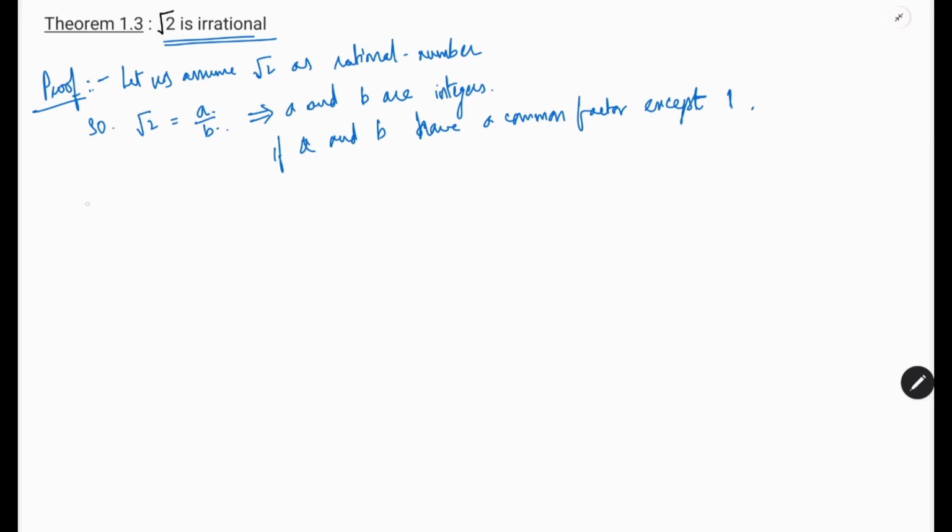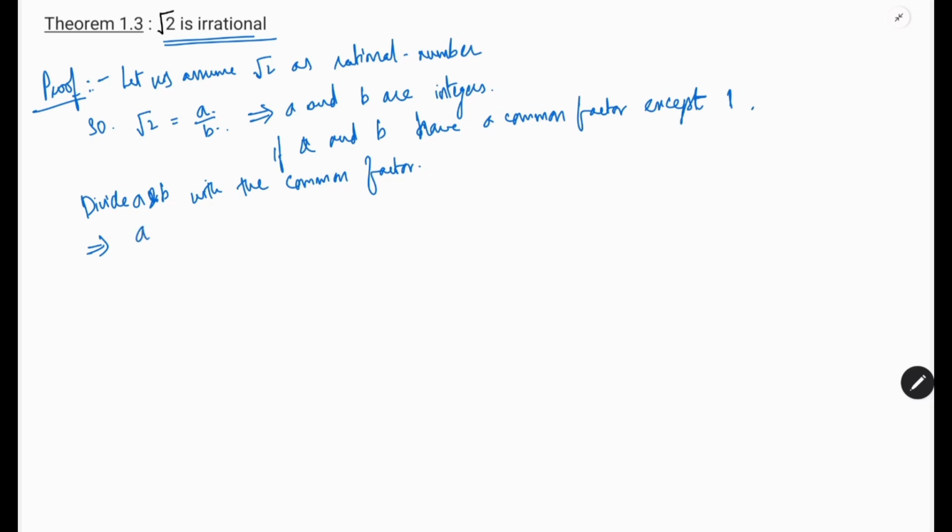So divide the numerator and denominator of A by B with the common factor.